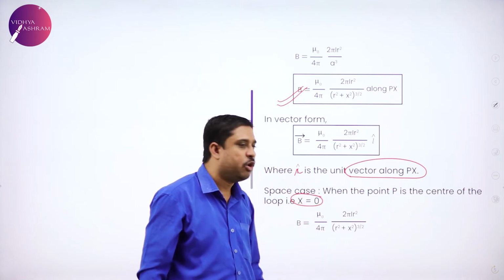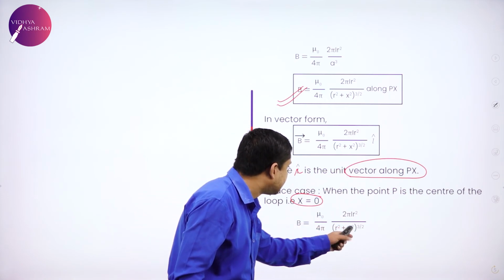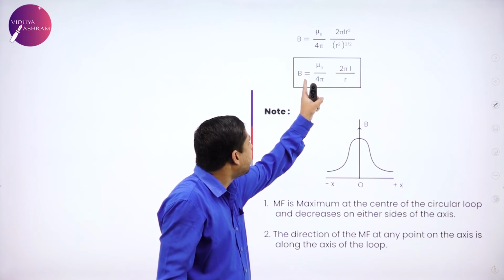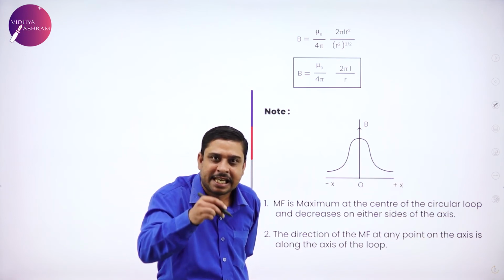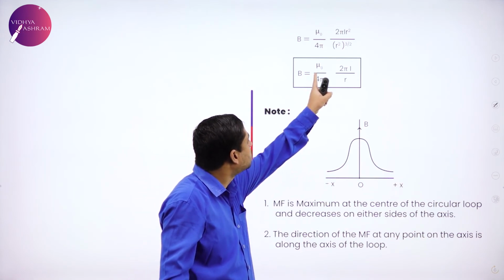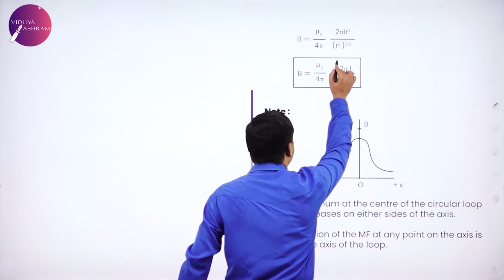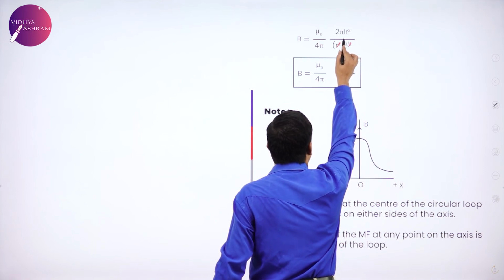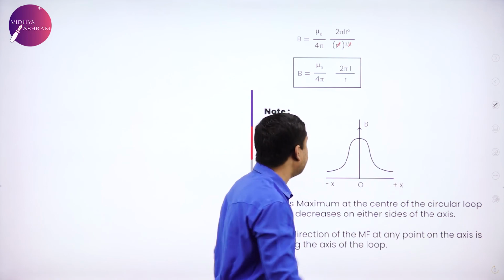X is 0. So the expression reduces to 2 pi I r square divided by, x being 0, r square to the power 3 by 2. This r square and r square get cancelled. R square by r cube, one r is in the denominator.